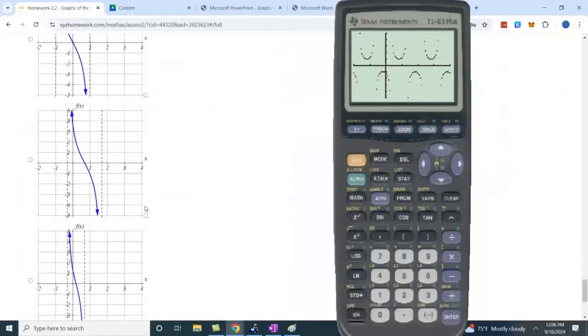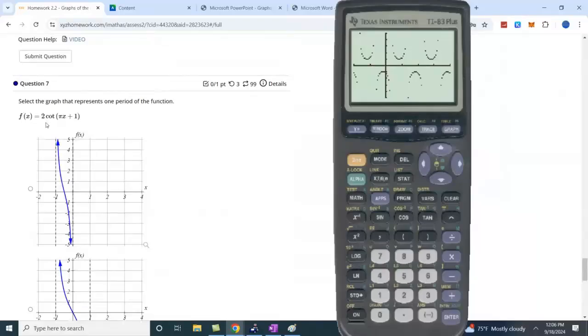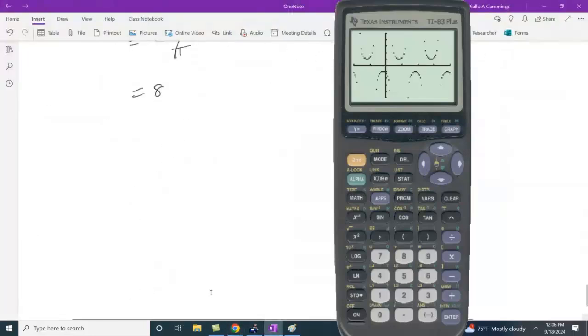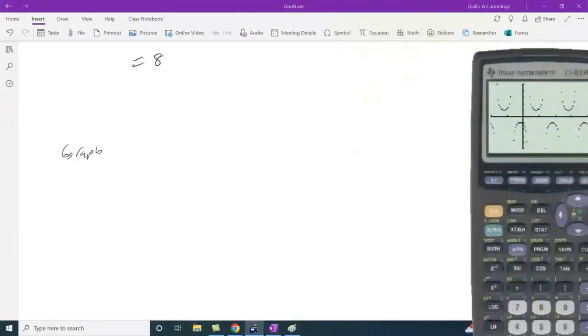So let's do one more. The very last problem is 2 times the cotangent of pi x plus 1. Y equals 2 times the cotangent of pi x plus 1.